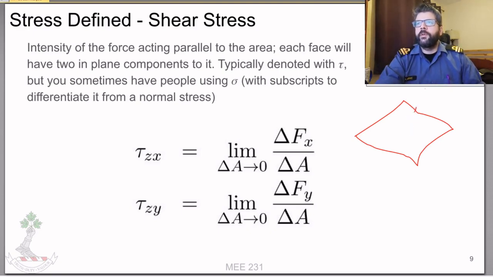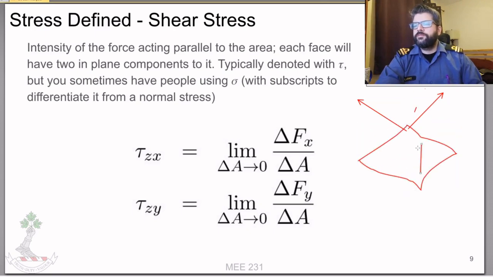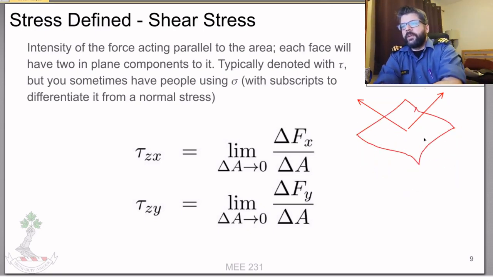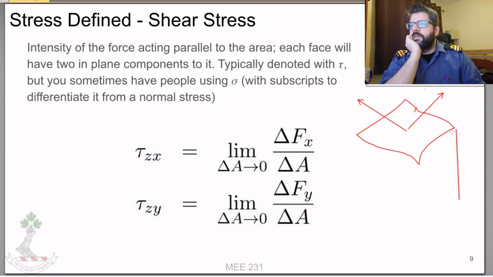But obviously, we're going to pick two of them. We're going to pick one that's going this way and one that's going that way, so that we're keeping in the same directionality as the coordinate system that we chose.